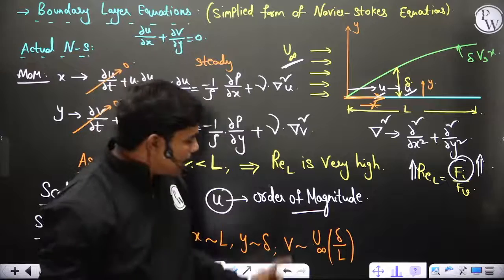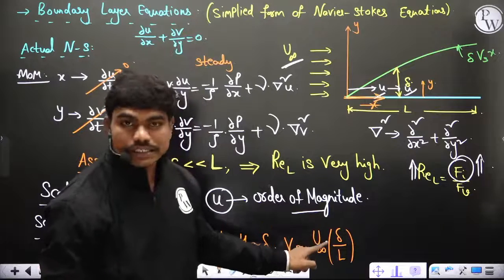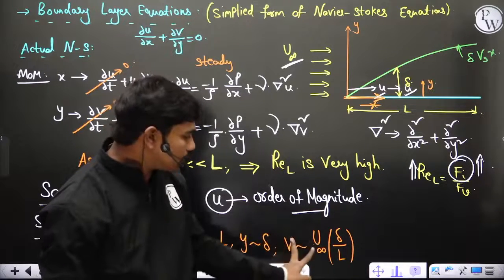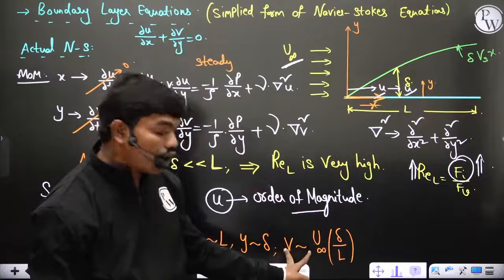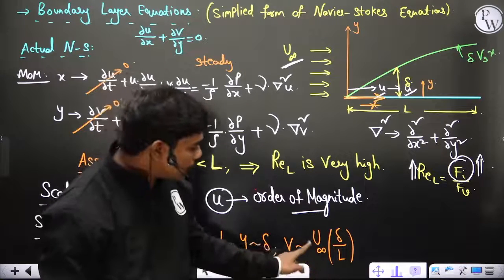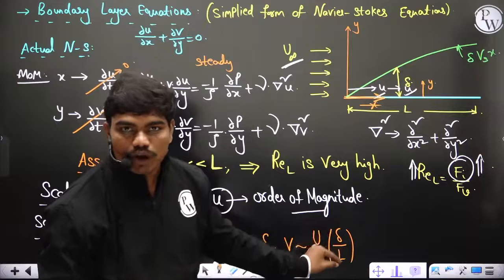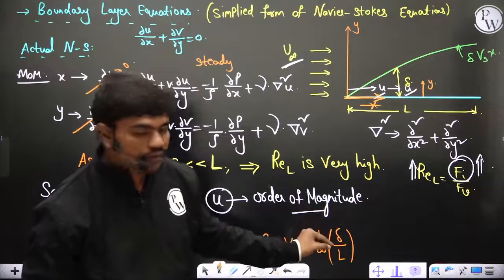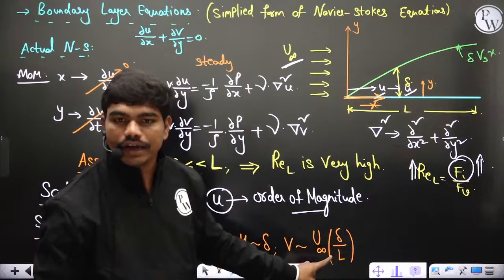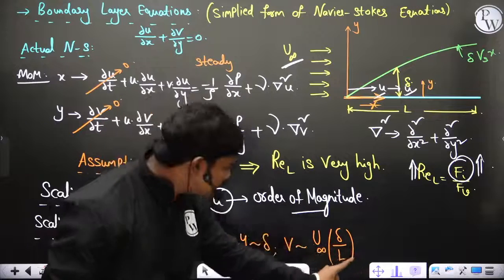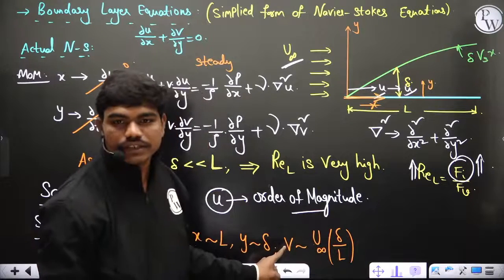Clear? Understood? So if you want to make the orders of these two terms equal, you have to multiply u infinity by a very, very small quantity. That small quantity we are taking is actually delta by L. So physically you can use this term for the non-dimensionalization of v.